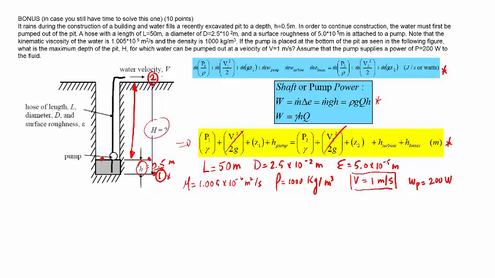I'm going to assume that, well, here is gauge pressure, so this is 0, and this I'm going to assume approximately 0 because it's not too deep. Then I have Z1, and this is my datum, so my Z1 is going to be 0.